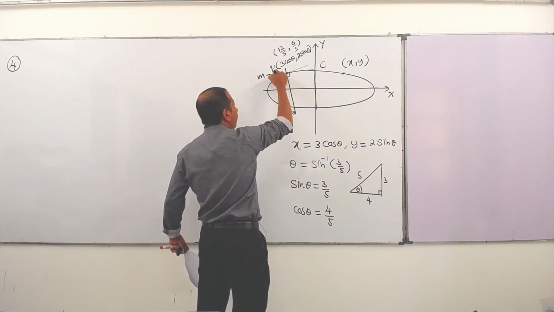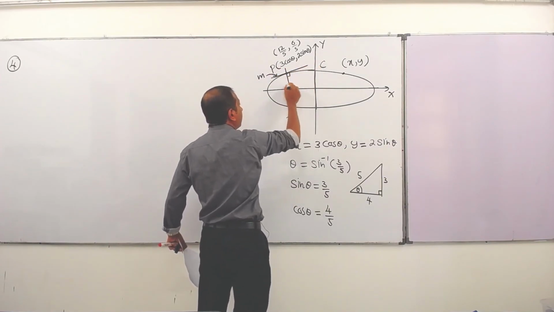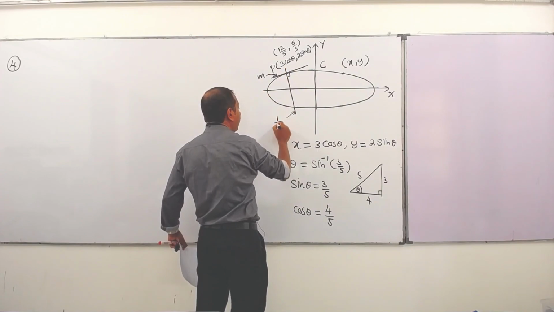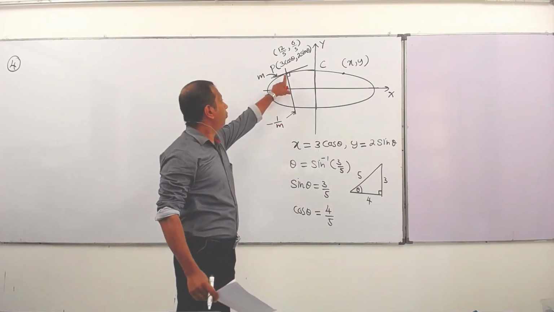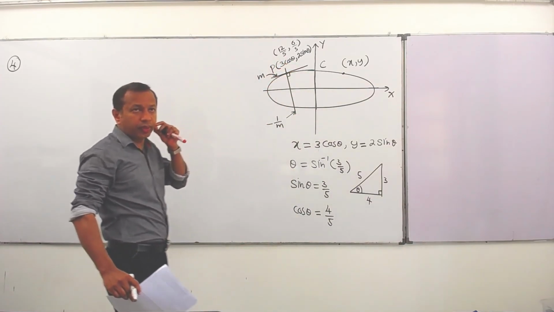If we find the gradient m of this tangent, the gradient of the perpendicular is the reciprocal of m multiplied by a minus sign. Then using this point P (12 by 5, 6 by 5), we can find the equation.